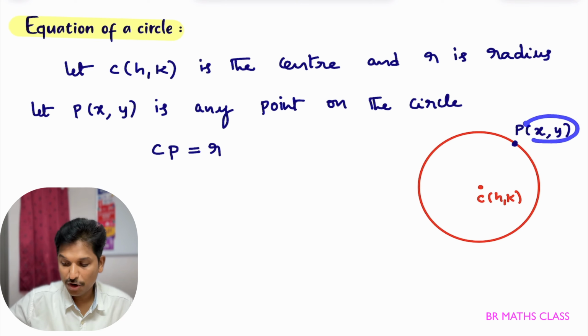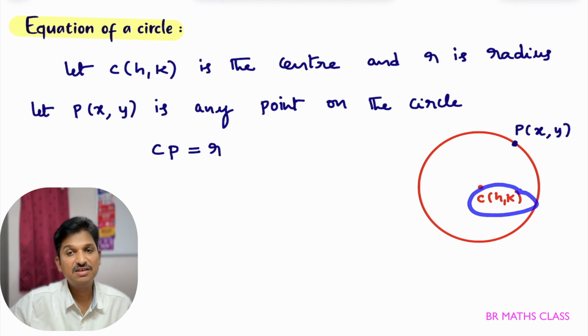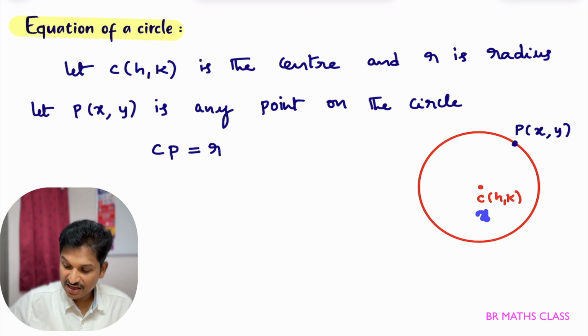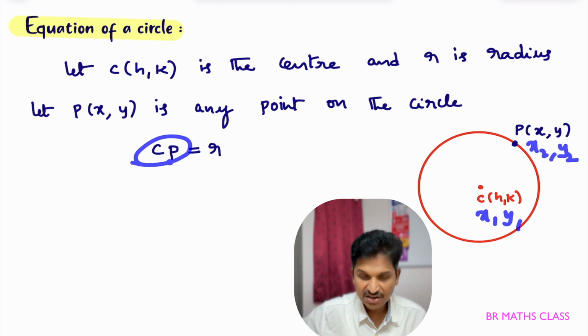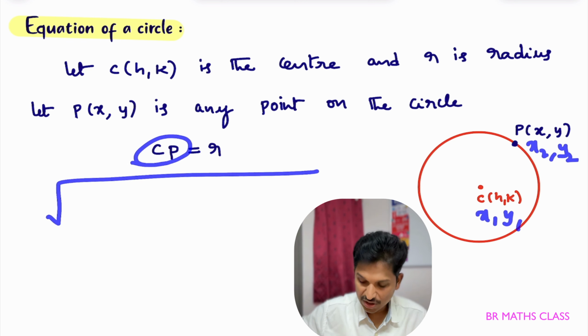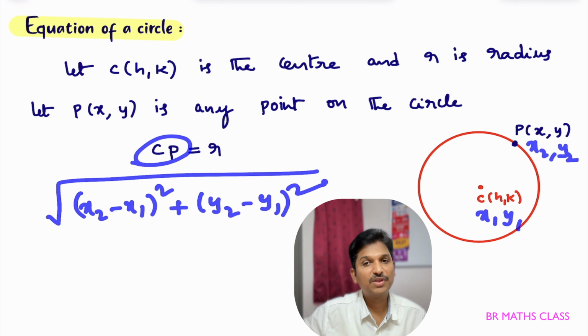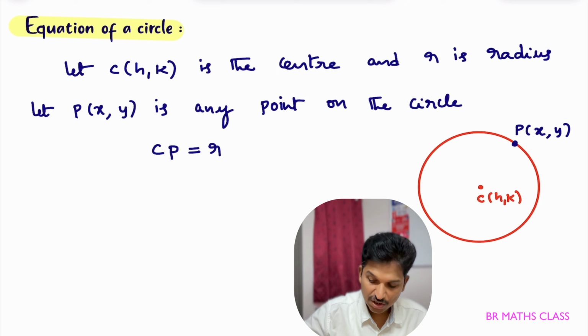Now here we know point P and we know the point C, the center. C is h comma k, P is x comma y. Now I'll take this C as x1 y1, this P as x2 y2. The CP distance formula is root over x2 minus x1 whole square plus y2 minus y1 whole square. Apply that formula, what will you get?